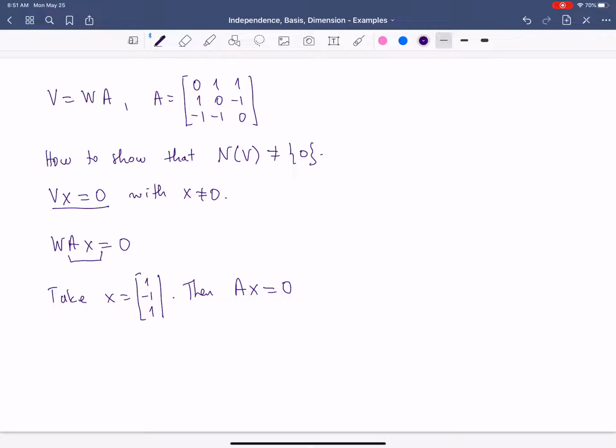And from here, W times AX is also 0. Why? Because this is 0, right? We know that there is no way to combine the columns of W to get 0, but A times X is 0.